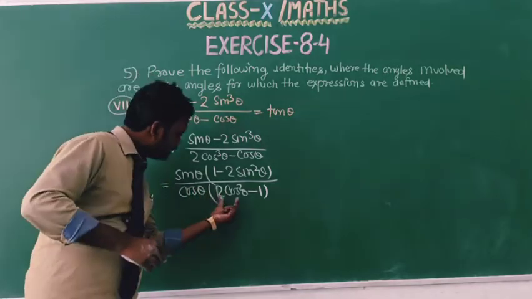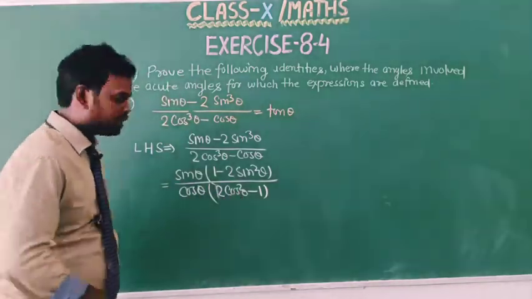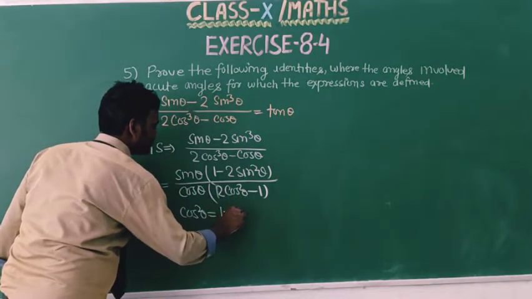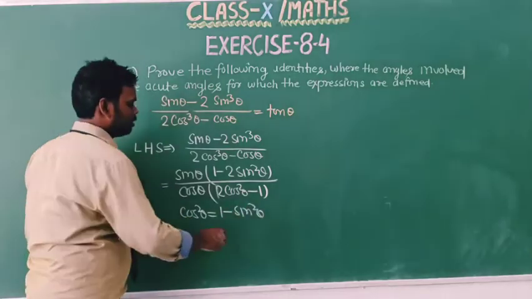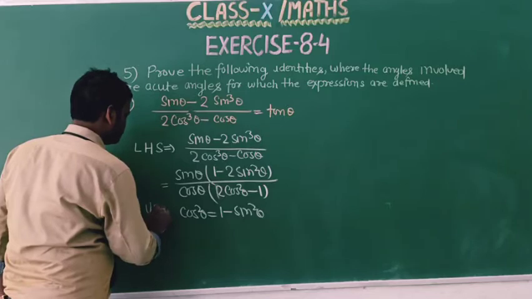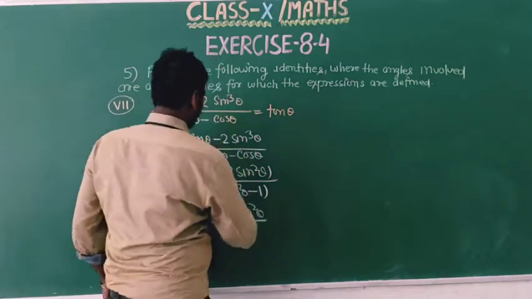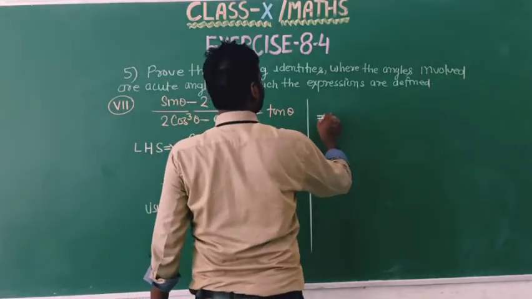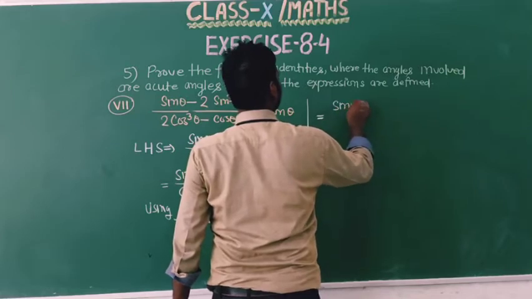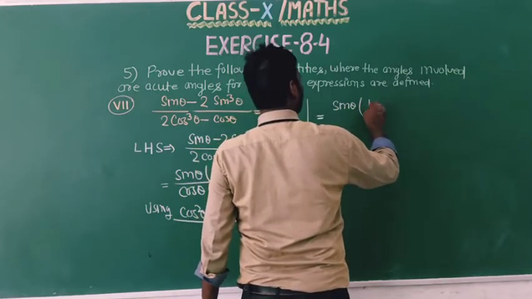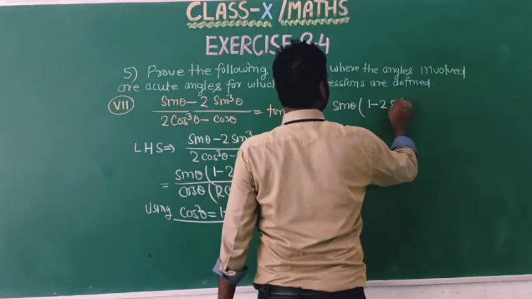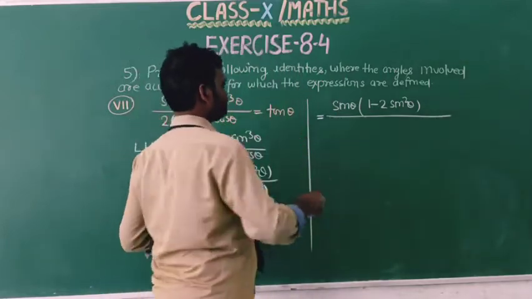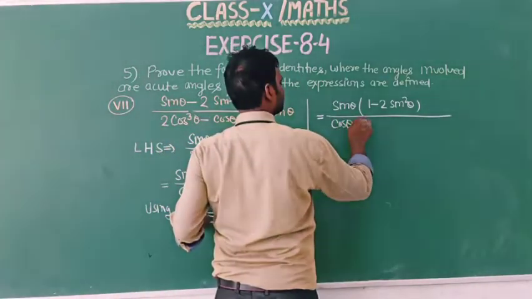Now in the denominator, using the identity cos square theta equal to 1 minus sin square theta, the denominator becomes sin theta upon cos theta in bracket.